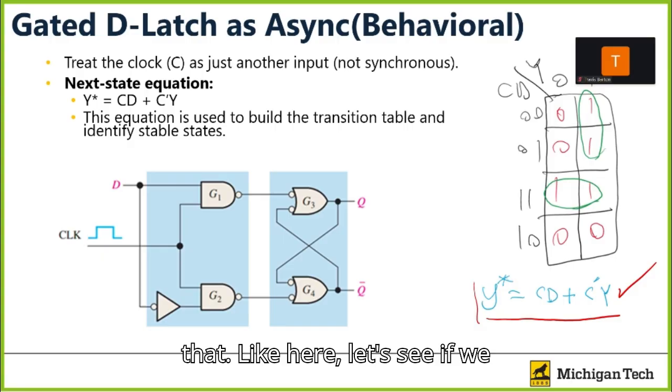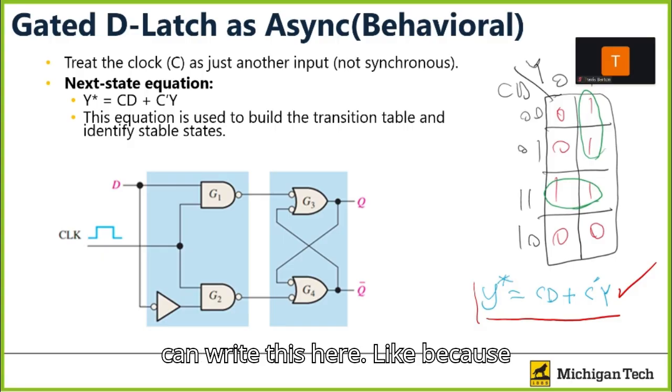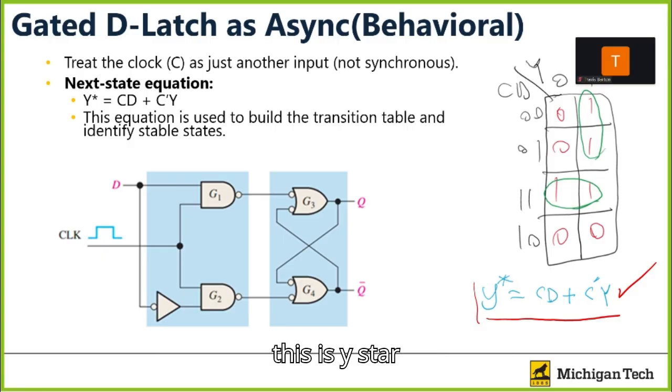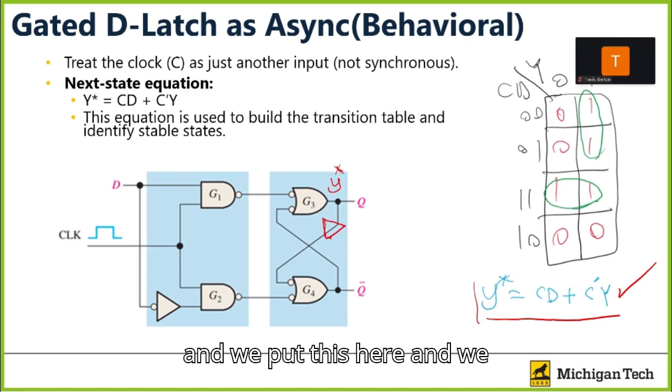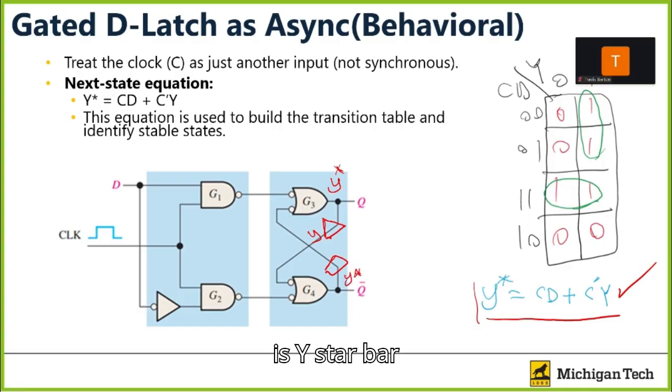Let's see if we can write this here: this is y star, and we put this here and make y in this case, and here is another for y star bar and y bar.